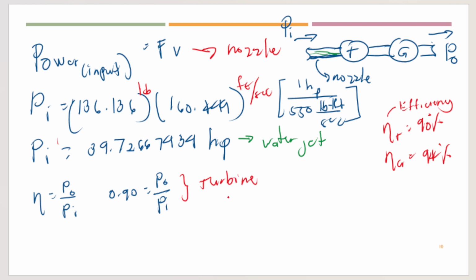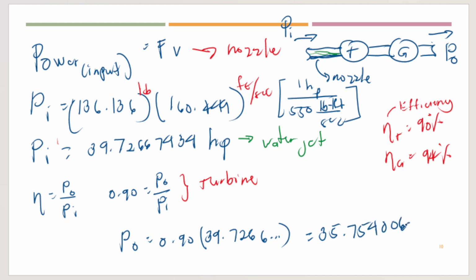Therefore, the power output for the turbine is equal to 0.9 times our power input of 339.726 horsepower. Therefore, our power output for the turbine is equal to 35.7540069 horsepower.